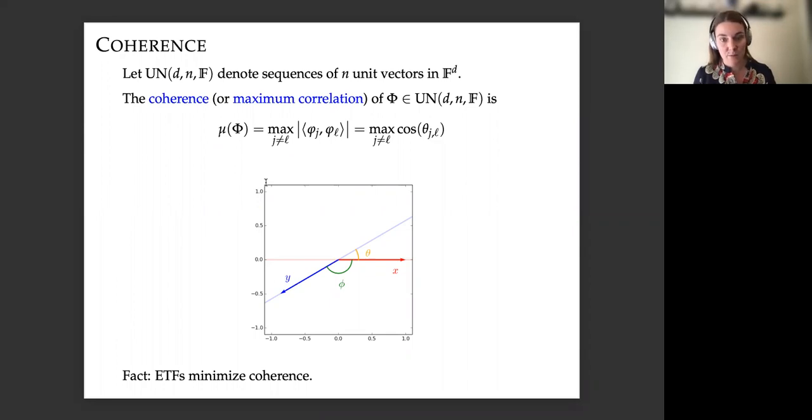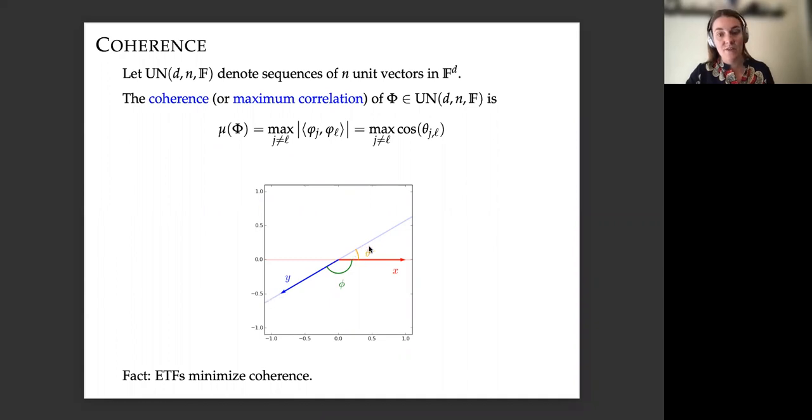So let me say a little bit more about this. You might remember from calculus, if you take the inner product of 2 unit vectors, then what you get is the cosine of the angle between them. But we want to work with vectors because they're easy, but what we're really thinking about are lines. So if we look at this vector x in red and this vector y in blue, what we really care about is the angle between the lines spanned by them.